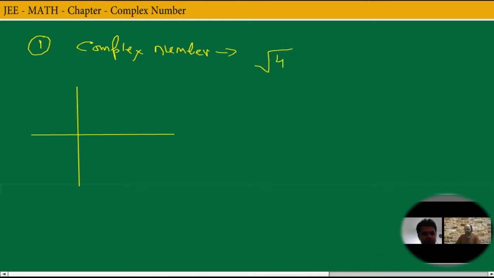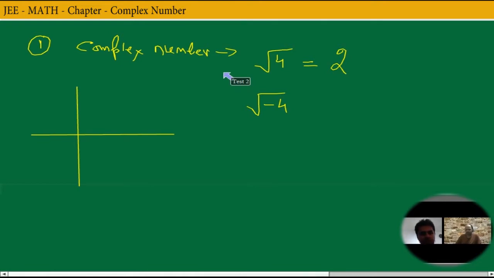First of all, if I try to find the square root of 4, what would be your answer? 2. Perfect. Now, if we find the square root of negative 4, what would be your answer? It's not possible. Why is it not possible? Because negative numbers cannot be inside the square root. Yes, perfect.